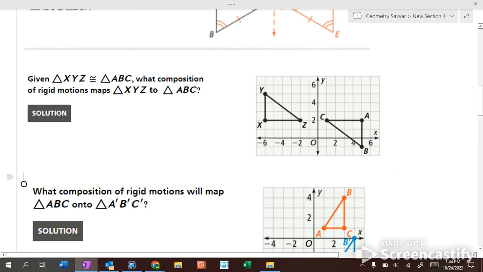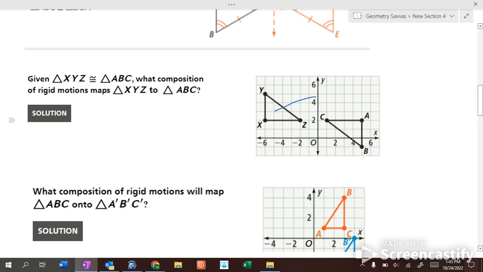Whoops. All right. Does XYZ look like it maps to ABC? And the answer is, yep, sure does.